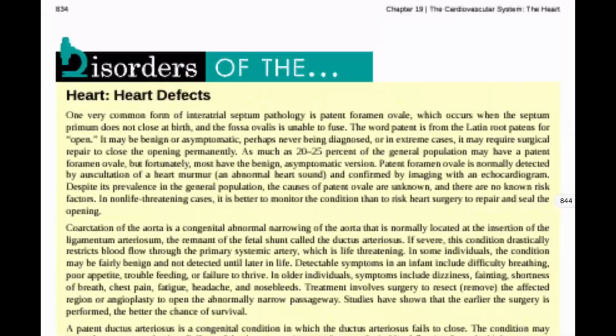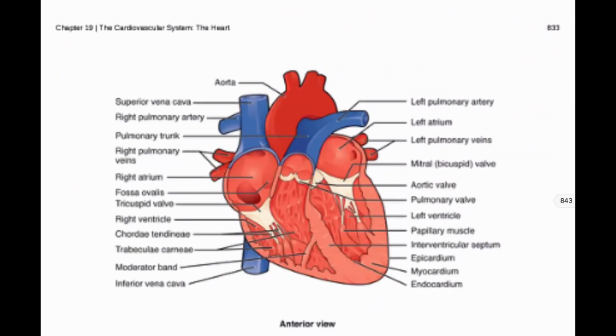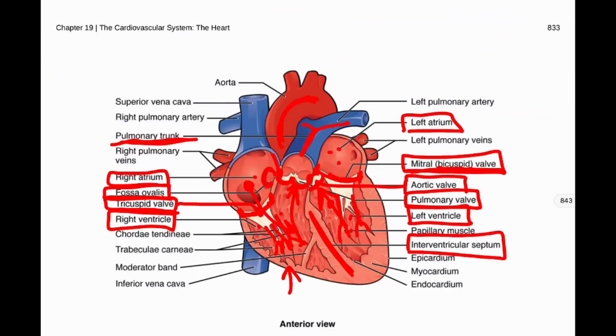When that's happening, again, remember, it's just passively flowing when it is relaxed. And then we have our atrium up here that is going to slightly contract and force blood down into the ventricle. Then our ventricle is going to contract to then force the blood up through the pulmonary trunk.